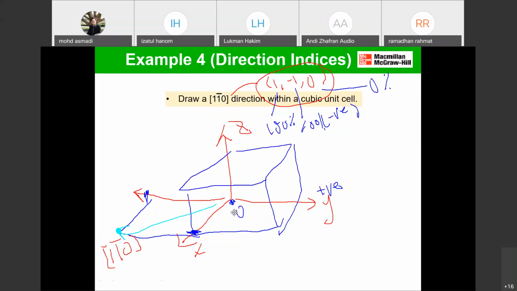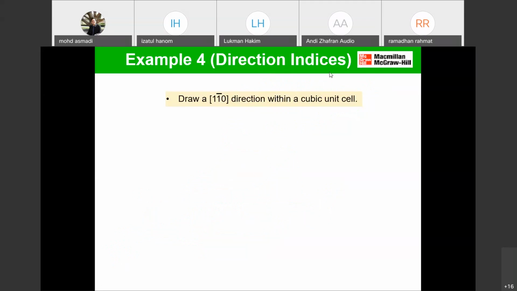So that's the position. So you can redraw this box again, so that we know the direction on the left side. Okay, so we draw the box, this one, this one.